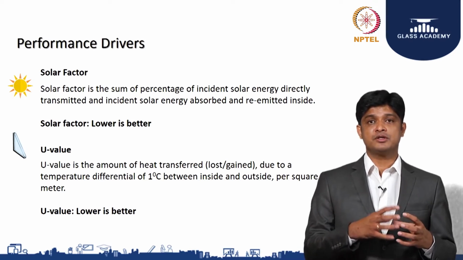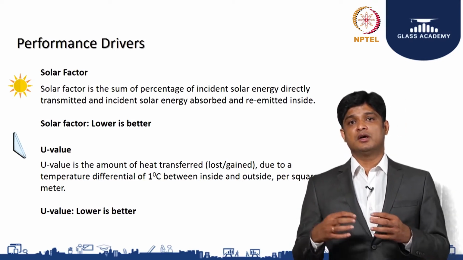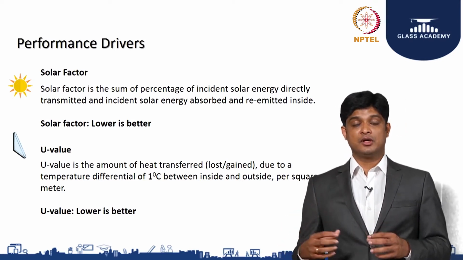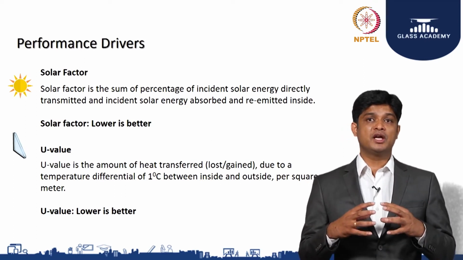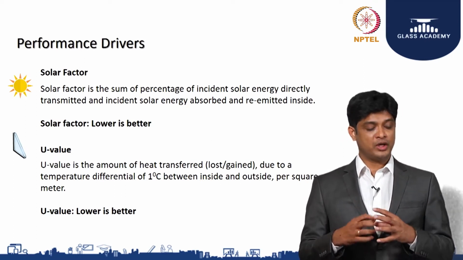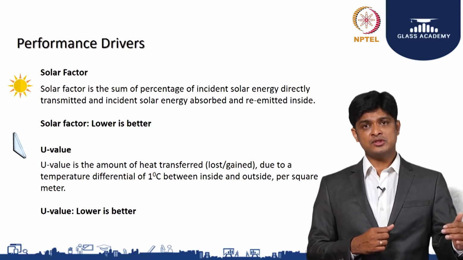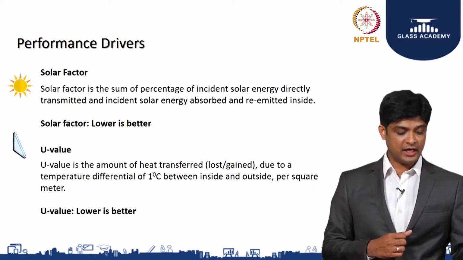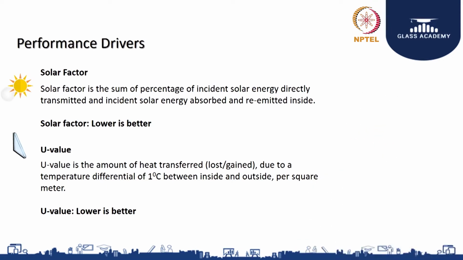The ambient temperature is going to try to enter into my building where I have a set temperature. So there are two parameters which are going to hit the overall heating load in my building, which is the solar factor and the U value, or the direct heat and the indirect heat.